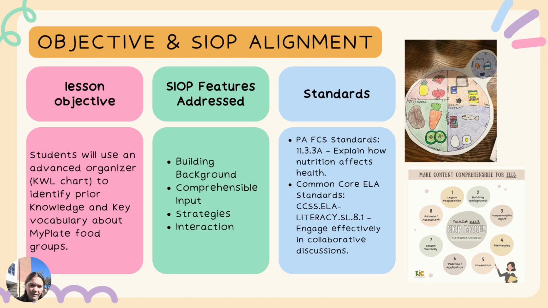And I truly believe that starts with understanding where your students come from. And especially in FCS, that's important when it comes to learning about cultural backgrounds. Food plays such a great part in all of that.